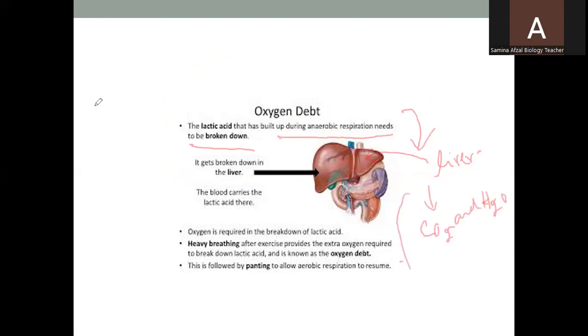Or lactic acid will be converted into pyruvate. Then pyruvate will enter the process after glycolysis, and at the end pyruvate is also changed into carbon dioxide and water, and 38 molecules of ATP are released at the end of aerobic respiration. So in this way, our body gets rid of lactic acid.